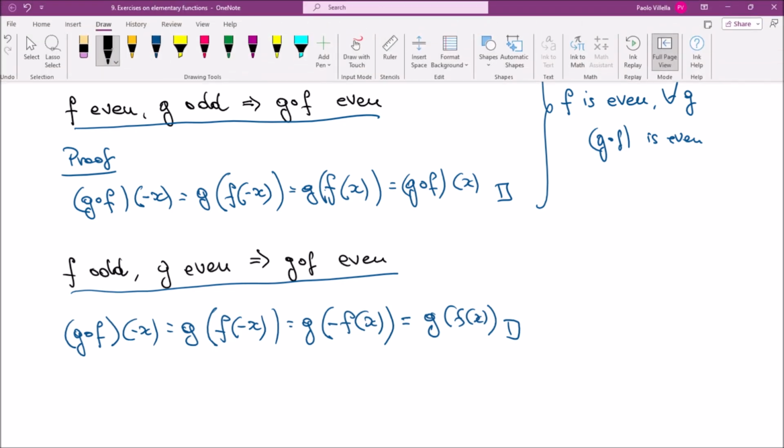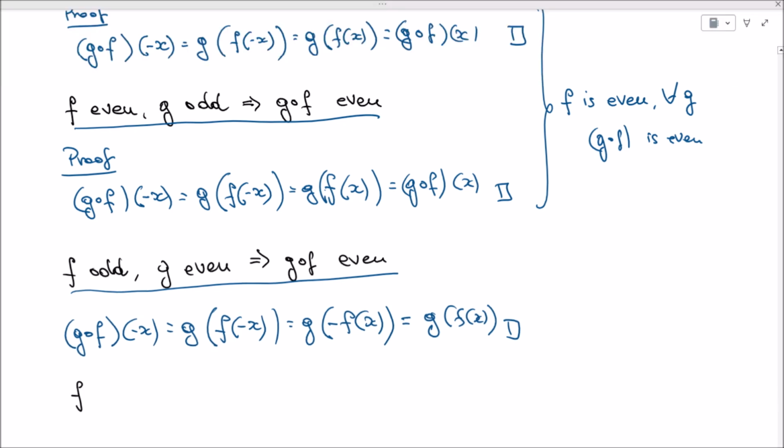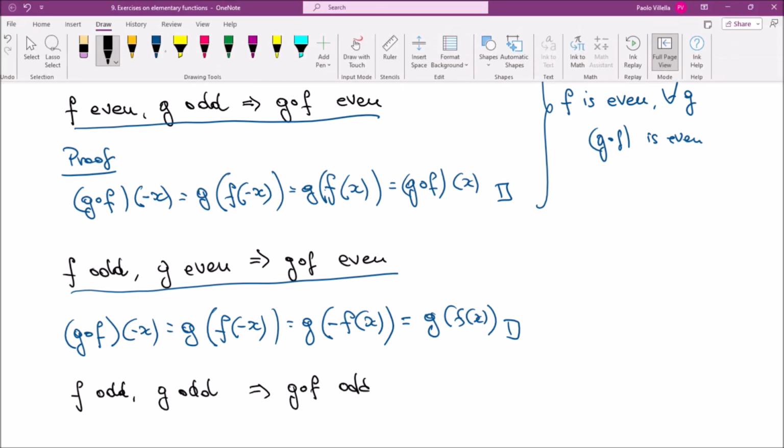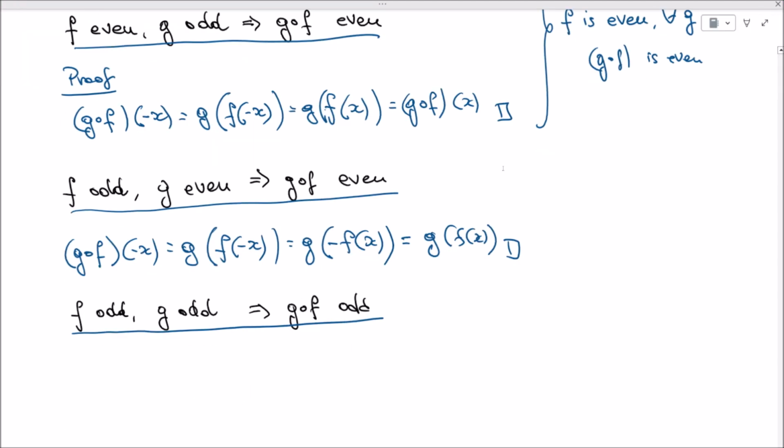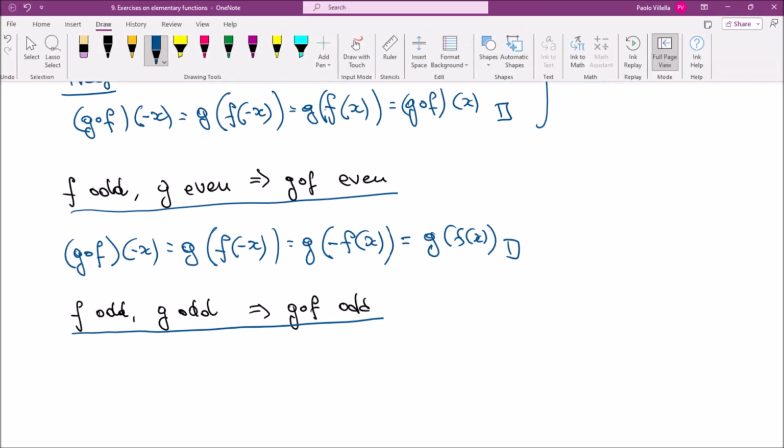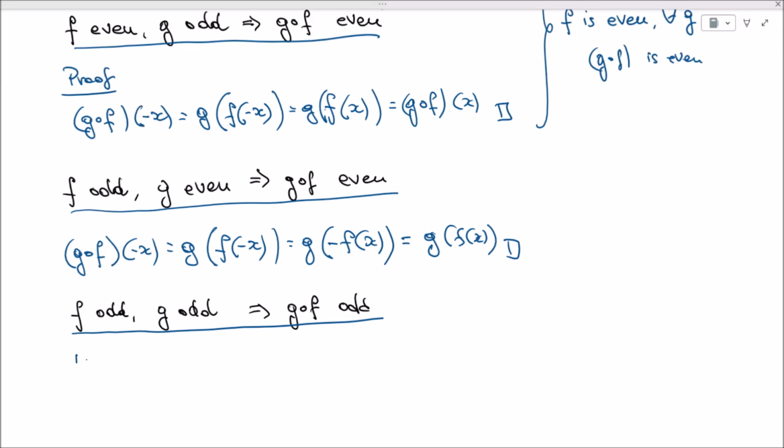Let's now look at the last possibility, f odd and g odd. What can we say about g compound f? Well, g compound f in this case is odd, so this is the only possibility to have a compound function that is odd. Both of them must be odd. Okay, let's prove this.